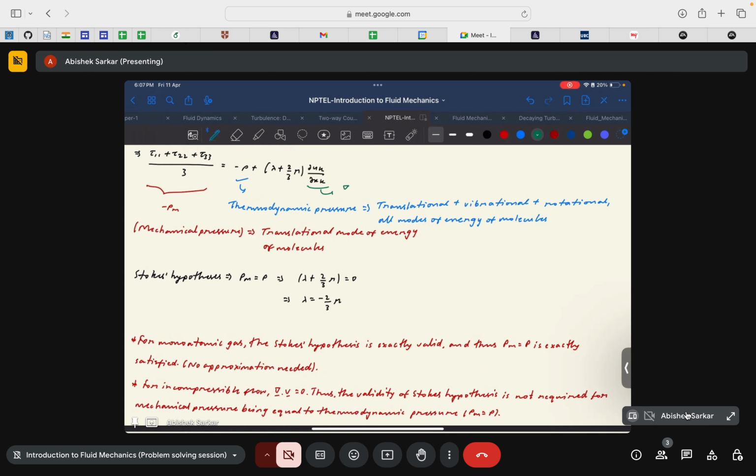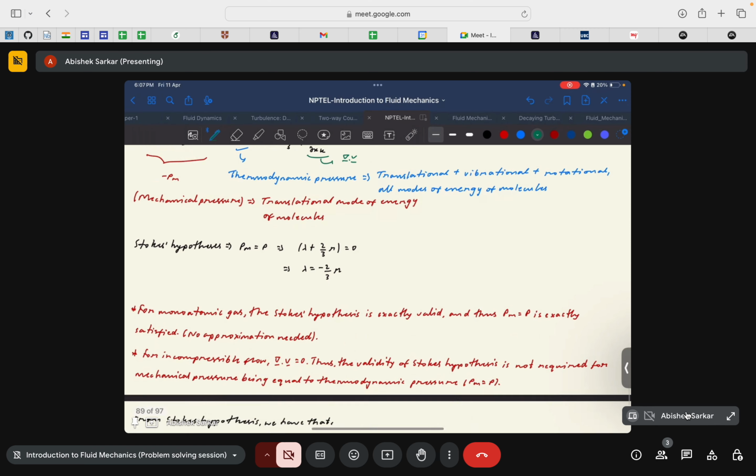It is the divergence of the velocity field. If the divergence of the velocity field is zero, it basically implies that the flow is incompressible. So given that the flow field is incompressible, the validity of the Stokes hypothesis is not required for the equality between the mechanical pressure and the thermodynamic pressure.